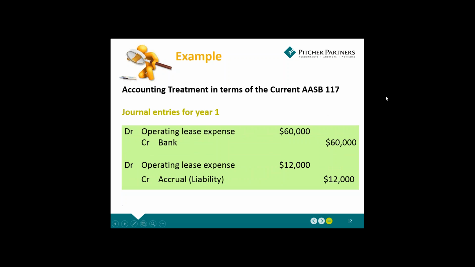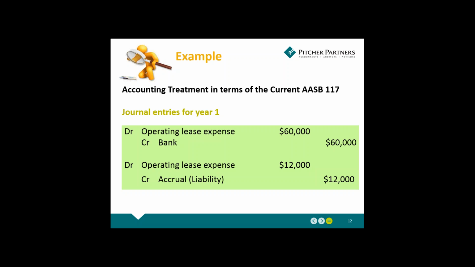So if we look at the journal entries, in year one, as we pay the $60,000 cash, we'll credit bank and debit our operating lease expense. And because we know the operating lease expense should be $72,000 per year for the 3 years, it's an even expense, we debit our operating lease expense with an additional $12,000 to get to that 72, and the credit is an accrual or a liability.